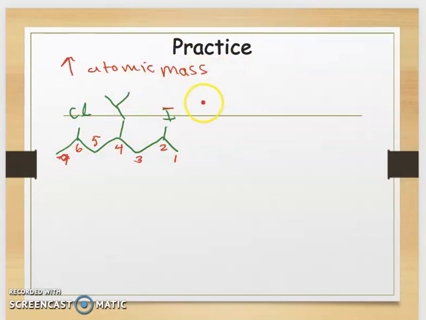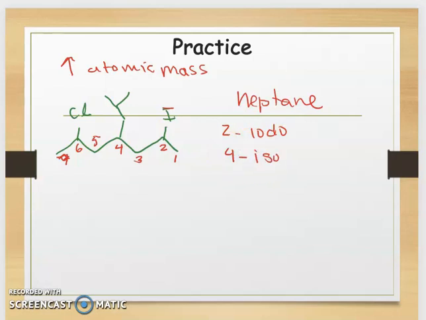Okay, so our parent chain is heptane, and then you have 2-iodo, 4-isobutyl. Okay, and then we have 6-chloro.